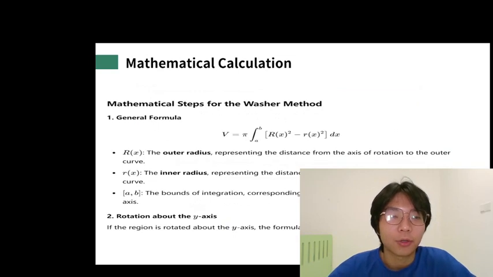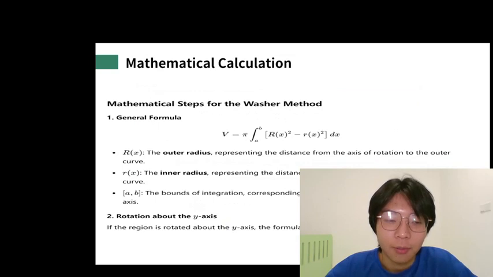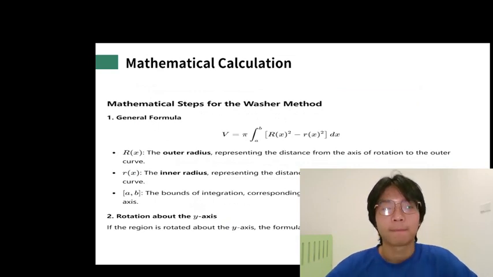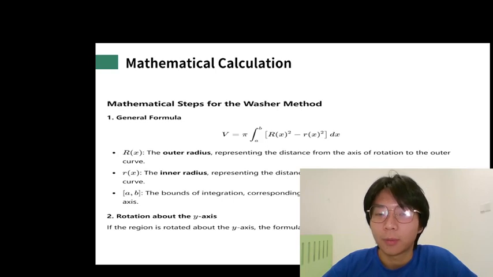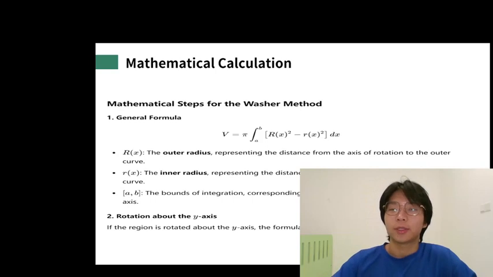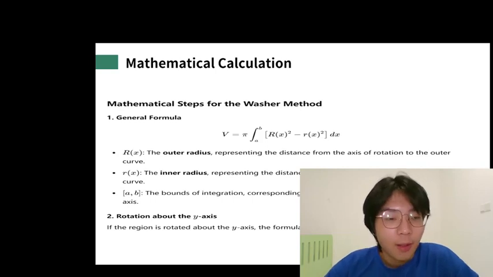The general form for rotation about the x-axis is V equals pi times the integral from a to b of the outer radius squared minus the inner radius squared dx.